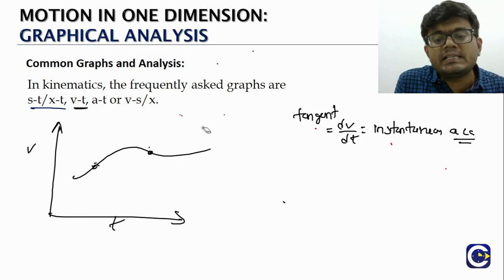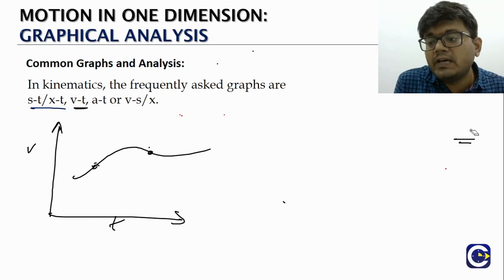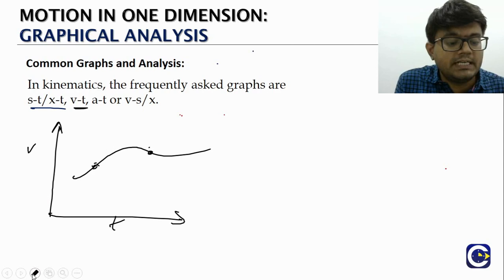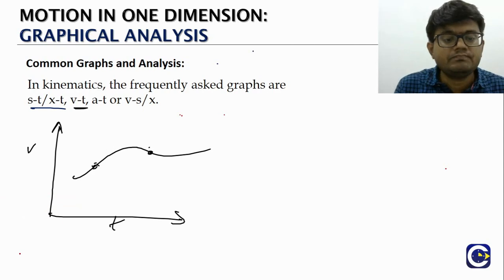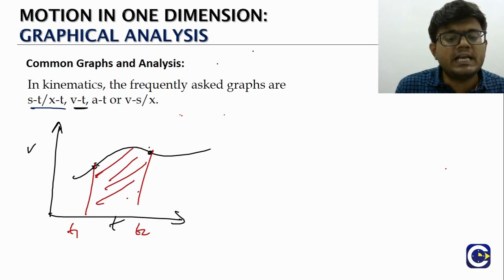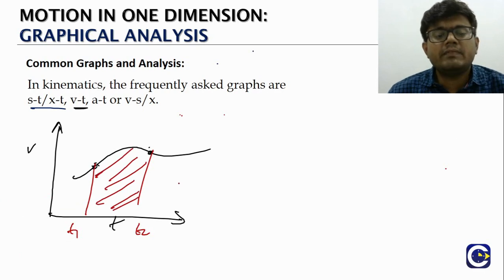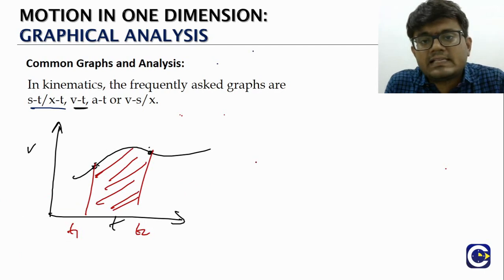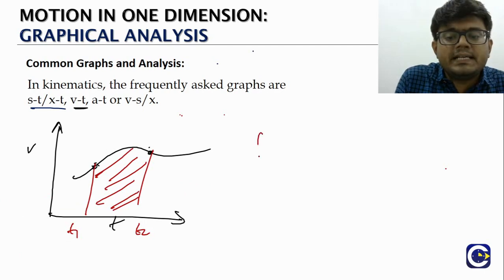For the velocity-time graph, we also have one more analysis possible, the area-based analysis. Look at this, we mark 2 time points, t1 and t2. Look at the area between the velocity curve and the time axis. The x-axis is the time axis only, no? It is nothing but the integral from t1 to t2 of v dt.